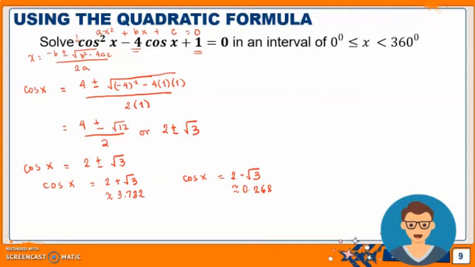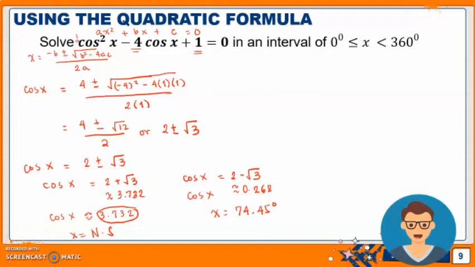And then getting the arc cos, cosine x is approximately 3.732. Notice that this is greater than 1, so there is no solution here. While for this portion, x is equal to shift cos of 0.268, we have 74.45 degrees.